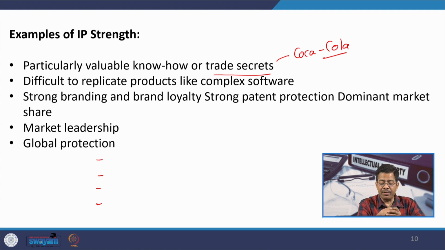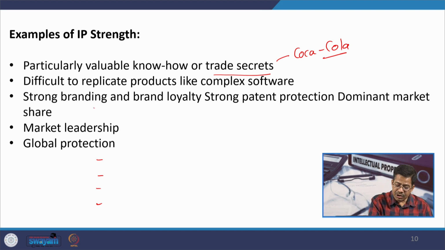Difficult to replicate products like complex software is also a type of IP strength. The IP is so complicated that it is very difficult to reproduce a similar product, and if your IP is very complicated, it is also a strength, because automatically it is difficult for others to copy.